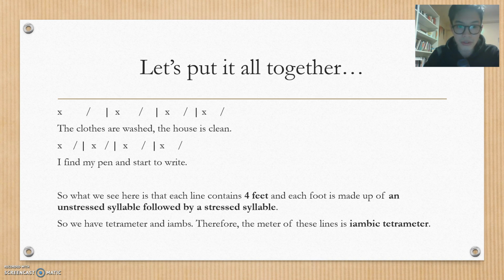Tetrameter because there are 4 feet in each line. Iambic because the feet are made up of iambs. Iambic tetrameter. Most students get a bit hung up about the language, but once you get used to that, it's actually pretty easy to describe the meter of a poem. In our last video, we're going to put that all together and think about how it can contribute to the meaning of a poem.